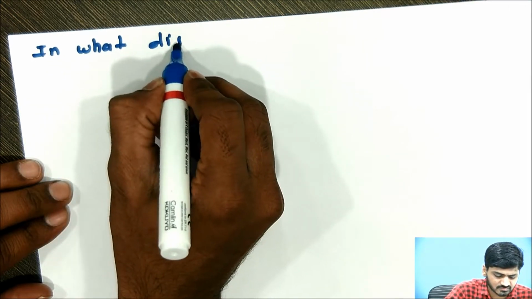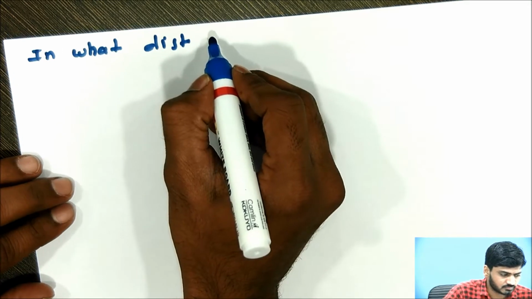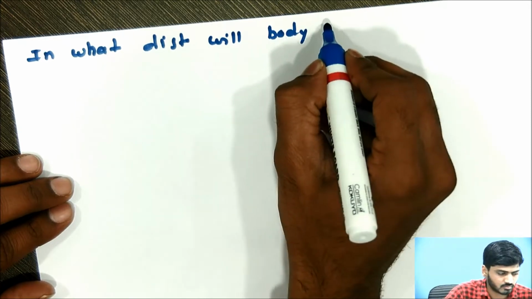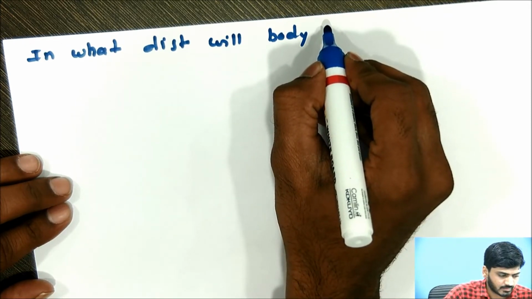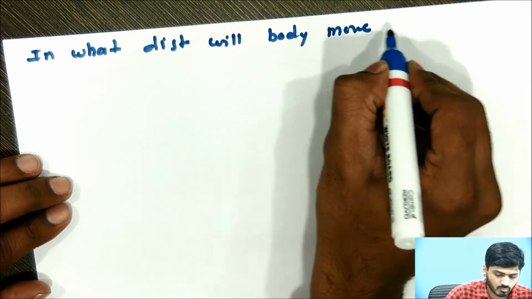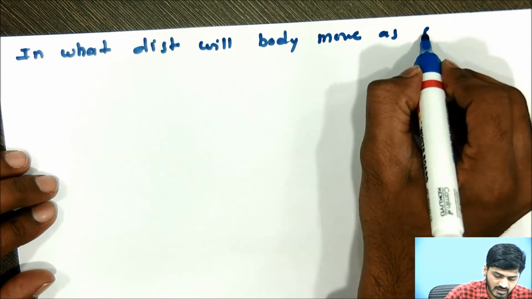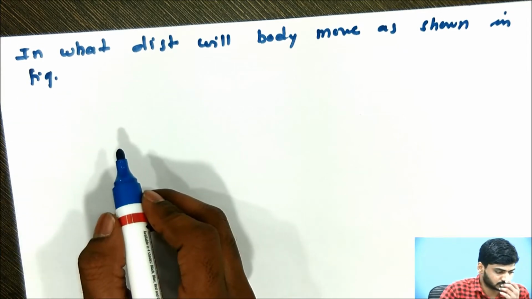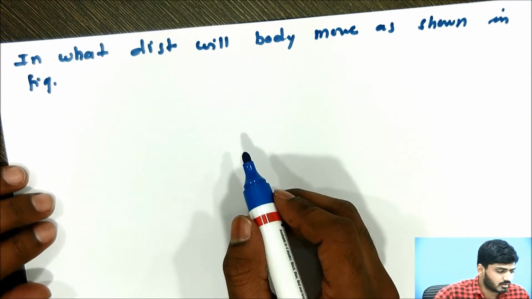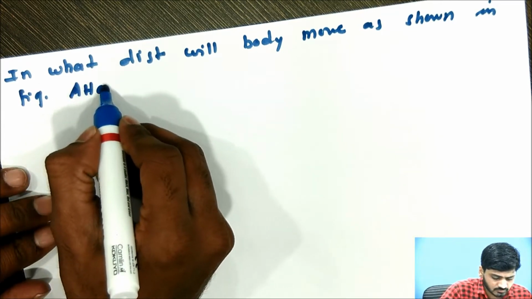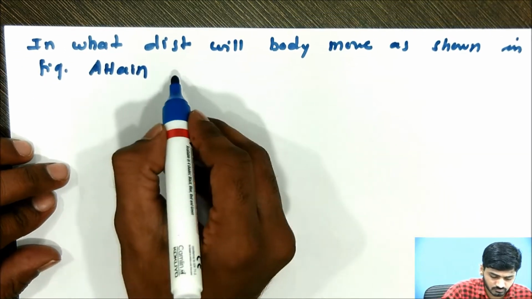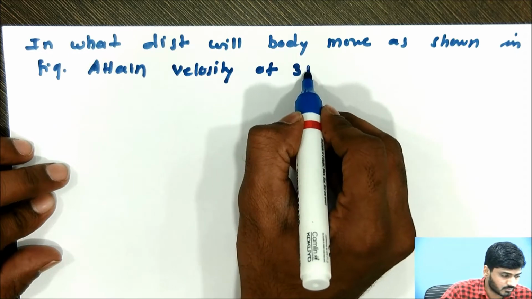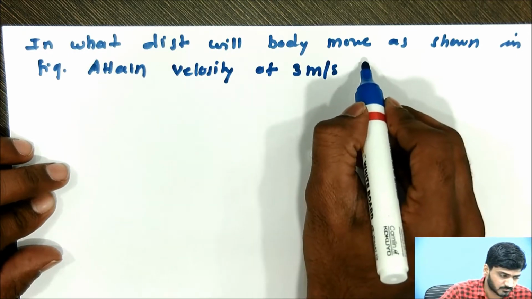In what distance will the body move, as shown in the figure, to attain a velocity of 3 meter per second starting from rest.